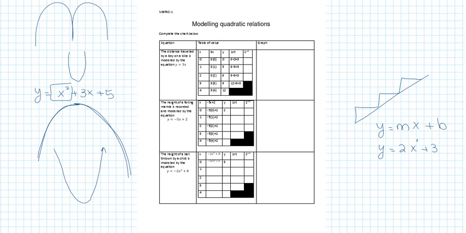We talked about linear on Monday, and we said there are 2 ways we can write linear: either this way, or, if you remember, ax plus by plus c equals 0, where everything is on one side. With quadratic, we have 3 different ways to express quadratics.